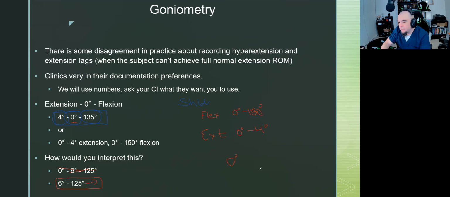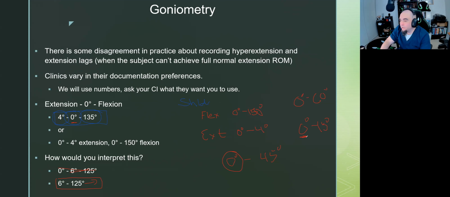I can't think, well, we'll talk about the ankle. The ankle still starts at 0, even though on our goniometers we'll start at 90. But we should start at 0. So your ranges should be like 0 to 45, 0 to 60, 0 to 15, whatever it is.